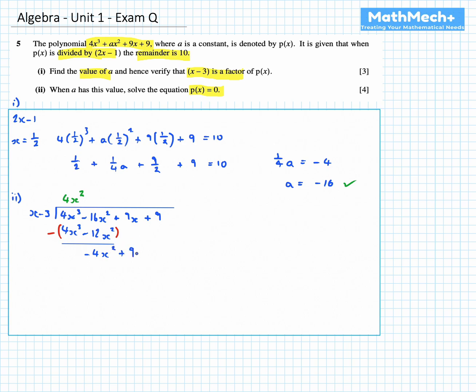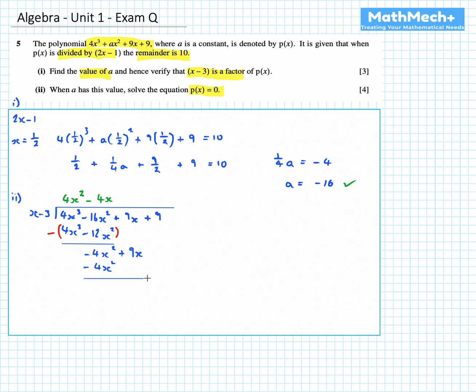Do the same thing again, so we're just repeating now at this stage. So x divided into minus 4x squared is minus 4x. Again, just multiply out those things that we just did. So minus 4x times x is minus 4x squared.